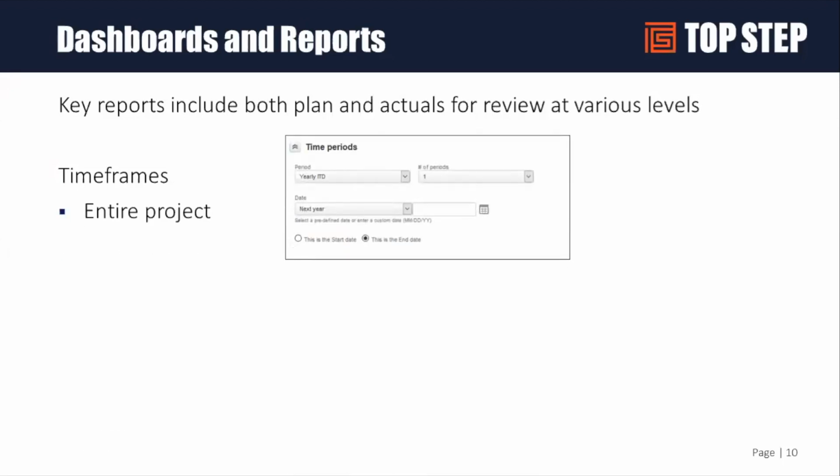So the report, actually, spoiler alert, the report that I just showed you on the previous slide is an entire project report. And what that means is I'm taking this yearly ITD, which is inception to date, and I'm saying it's going to end next year. So I'm pulling in everything from next year backwards to the beginning of the project. And by doing that, I'm getting the actuals of time, of course, but I'm getting all the booked hours.